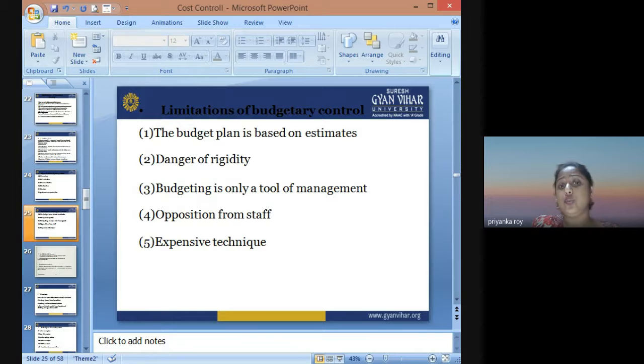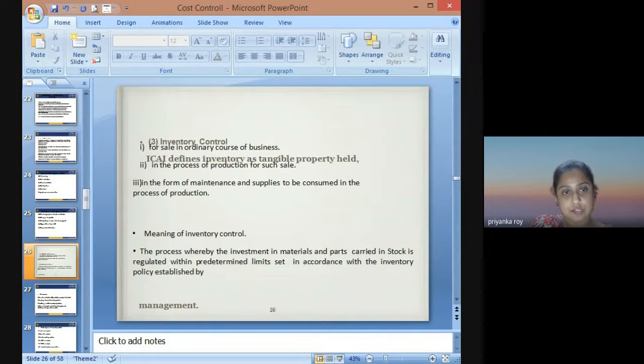Budgeting is only a tool of management, and opposition from staff is also part of the limitations here. Staff can oppose a tight budget, and expensive techniques can also put you into tight budgetary constraints.